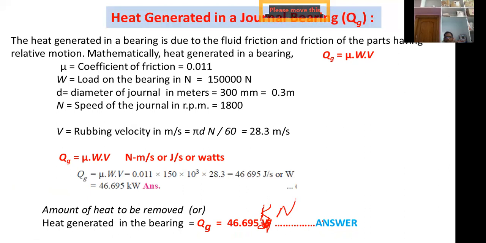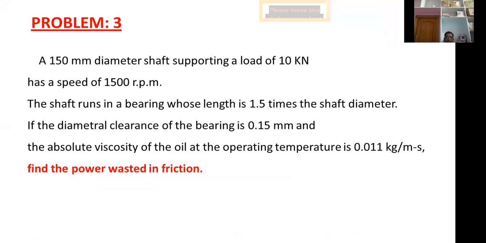Now coming to the other problem. This is problem number 3.